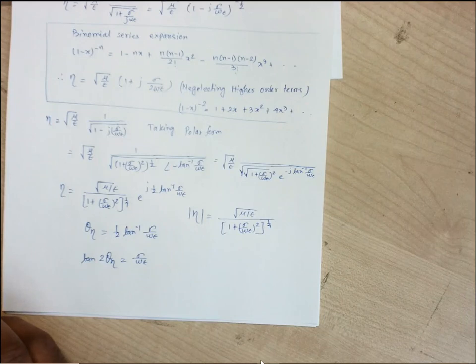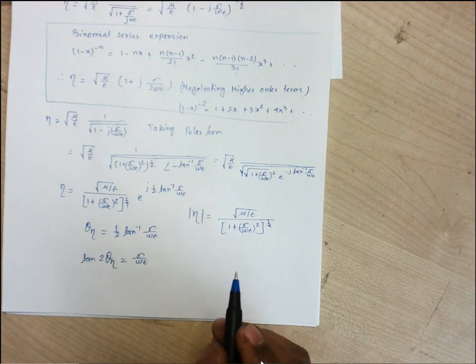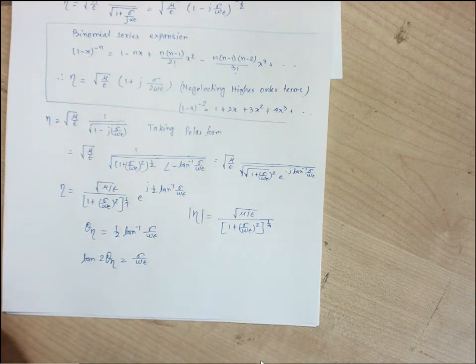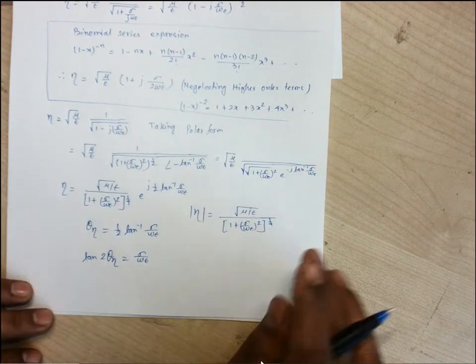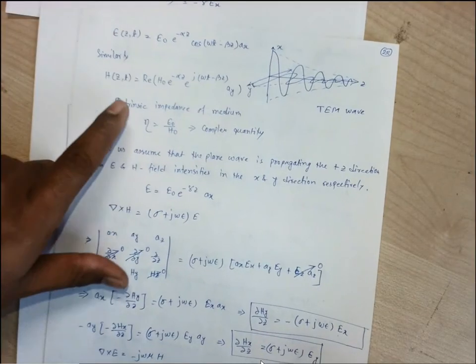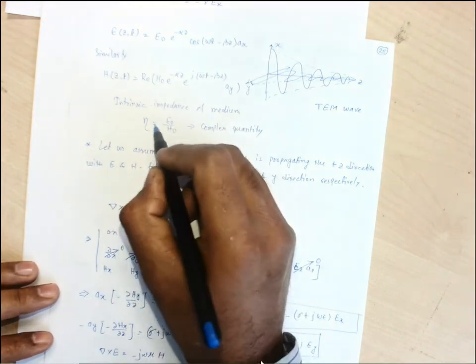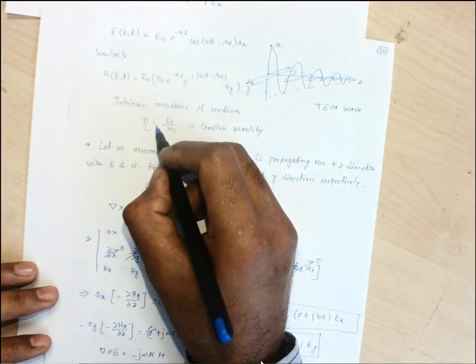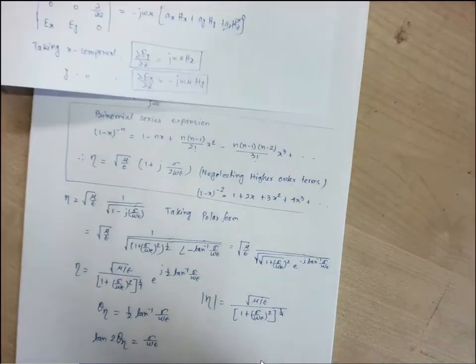So what we know about this eta, that is the magnitude of the electric field and magnitude of the magnetic field, it is the ratio of these two. So if we write our expression of this electric field and this magnetic field, then we can replace this H naught with eta. If it is having certain angle, then we need to write like this.